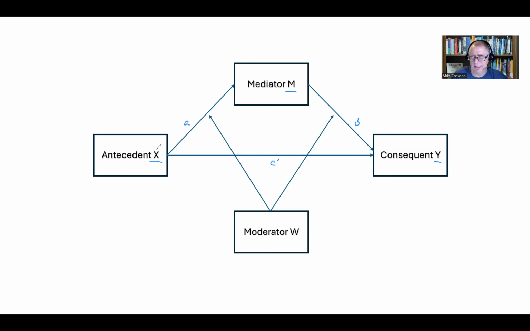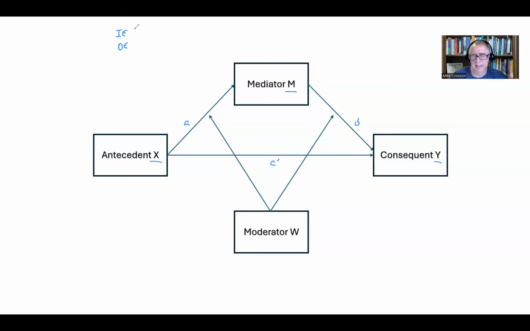The effect of the antecedent X on Y can actually be broken down into two components. The total effect of X on Y can be broken down into an indirect effect, by way of the effect of the antecedent on the mediator and the effect of the mediator on the consequent, and a direct effect.